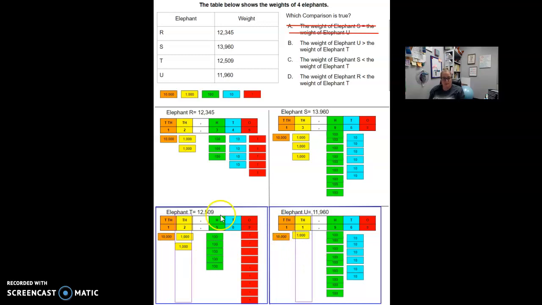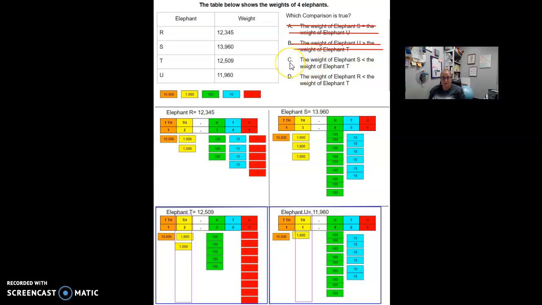When I move to my thousands place, I'm able to see that elephant T has 2,000 and elephant U has 1,000. Now, I'm able to compare here because they're different. My answer choice said that elephant U was greater than elephant T. Well, is 1,000 greater than 2,000? Nope, it's not. So I'm going to cross it off because that cannot be my answer choice.